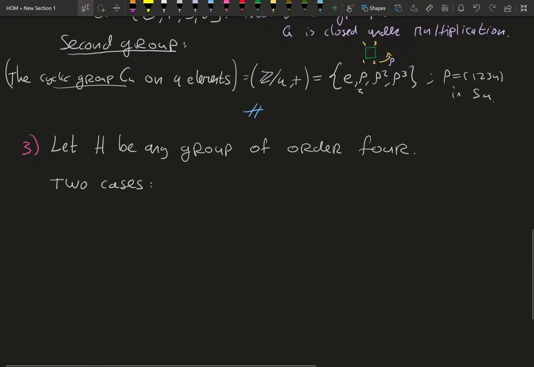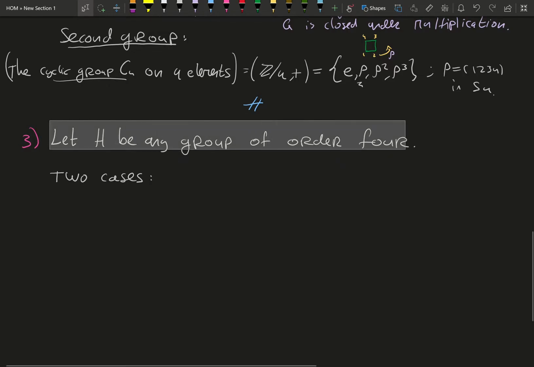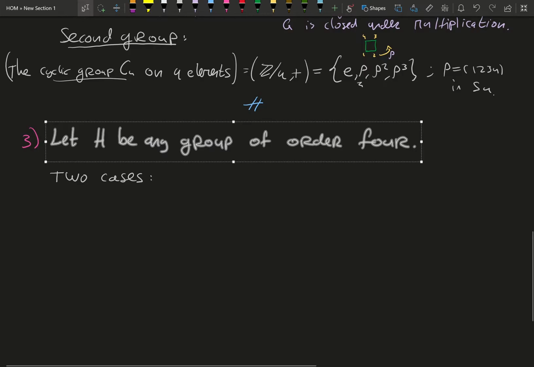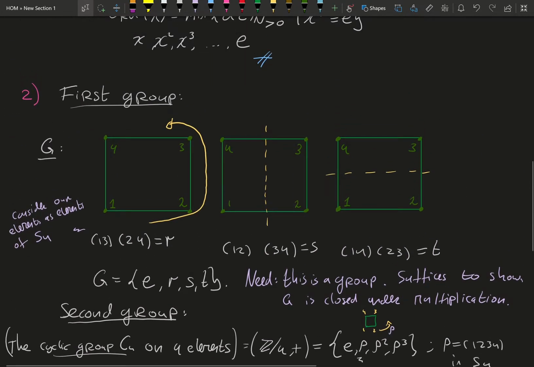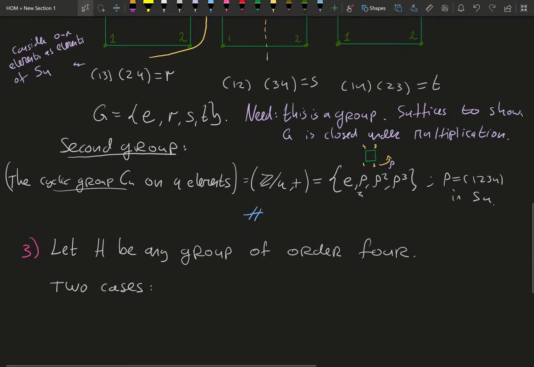Okay, so here comes the bulk of our argument, namely now we let H be any group of order 4, and we want to show that H is isomorphic to either our group G as constructed here or to our cyclic group of order 4.